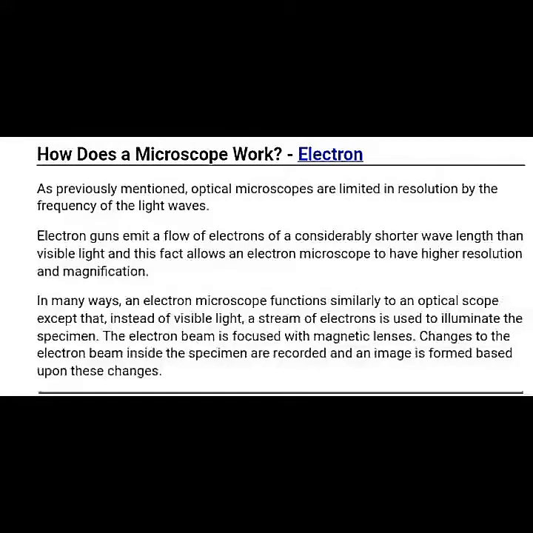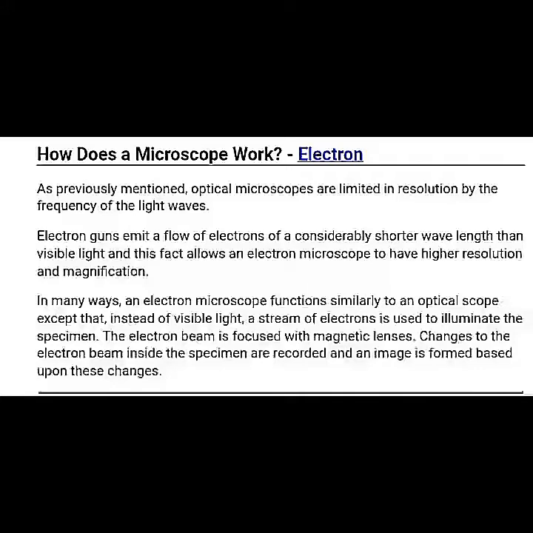In many ways, an electron microscope functions similarly to an optical scope, except that instead of visible light, a stream of electrons is used to illuminate the specimen. The electron beam is focused with magnetic lenses. Changes to the electron beam inside the specimen are recorded, and the image formed is based upon these changes.